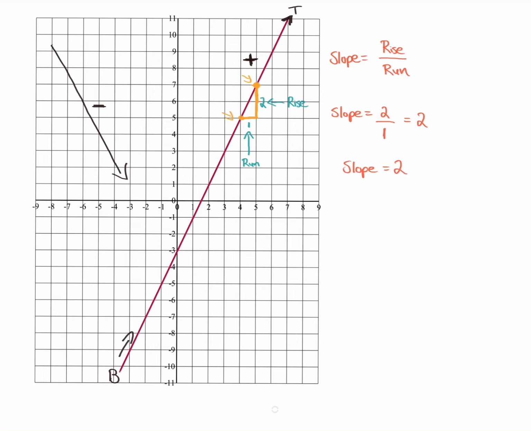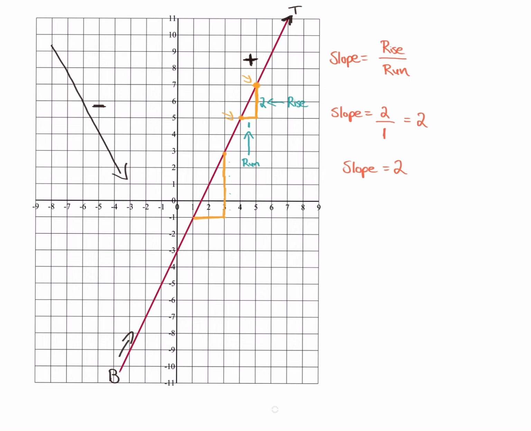Now, what happens if you had made a bigger triangle? What happens if you had drawn a dot here and gone all the way down to here and then all the way across? Say you drew a triangle like that. Well, let's count how many squares it is tall. 1, 2, 3, 4.